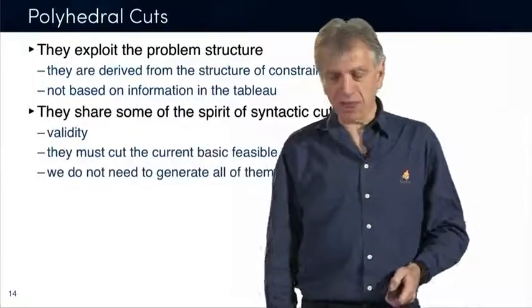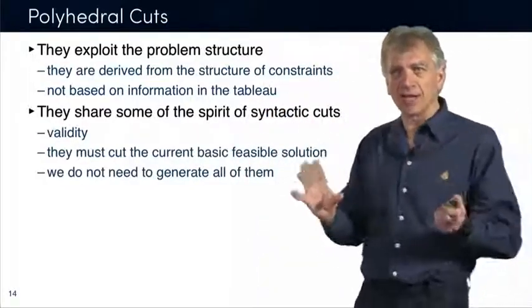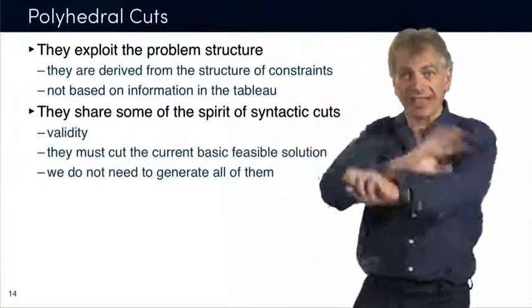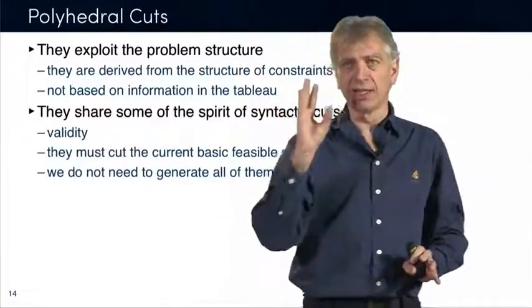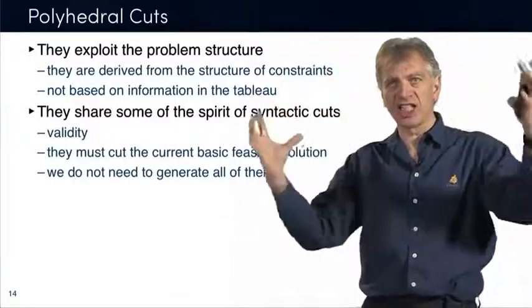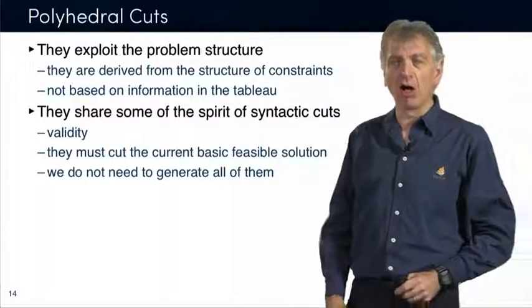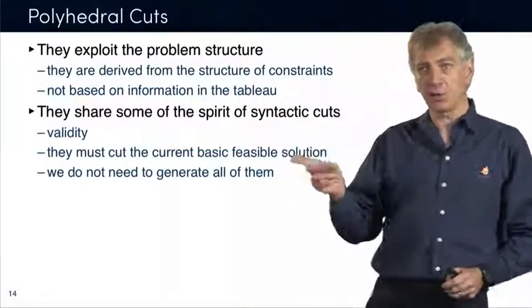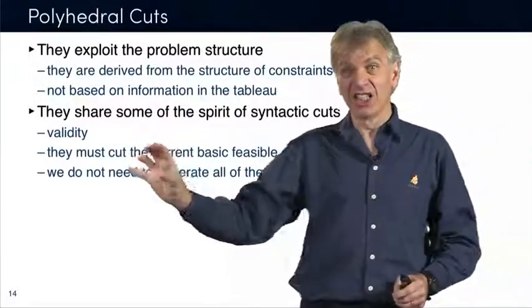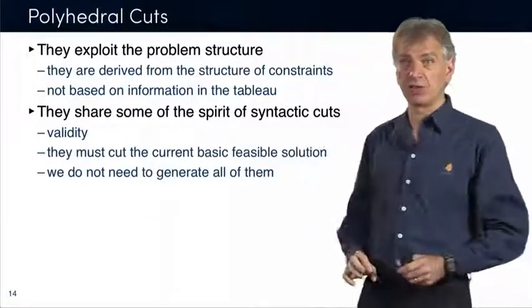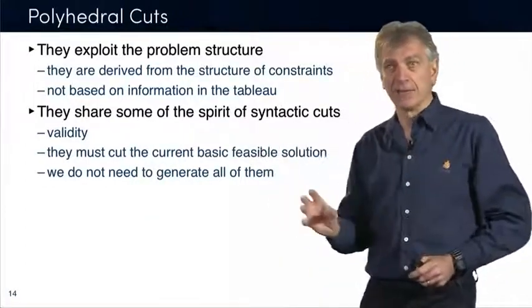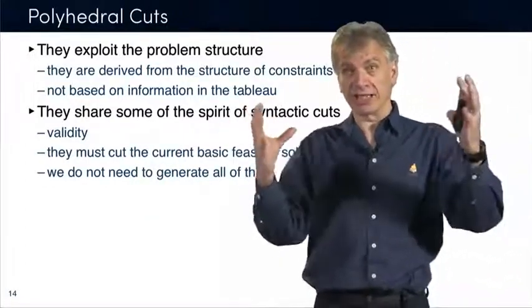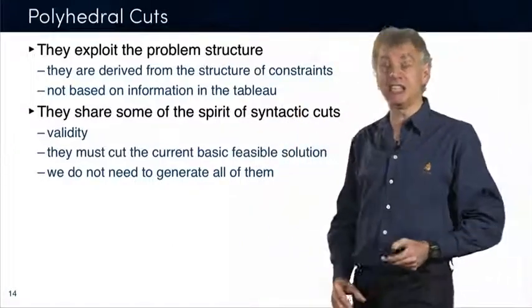Now, they share, of course, the same spirit as the syntactic cuts. They are valid and don't remove any solutions. They are always valid. They are just strengthening the formulation of the MIP. We also want to generate those that cut off the optimal solution of the linear relaxation, such that we get closer and closer to the integer solution.